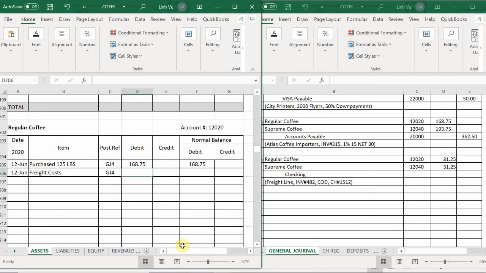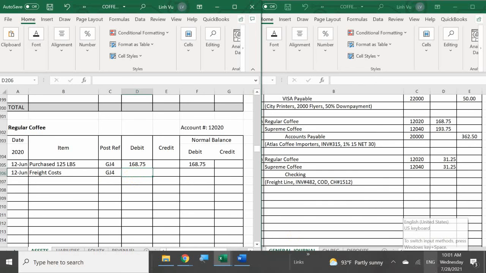So in this case, I had to include the actual product itself and what it took to get the coffee to my store. So I'm going to increase my regular coffee account by $31.25.